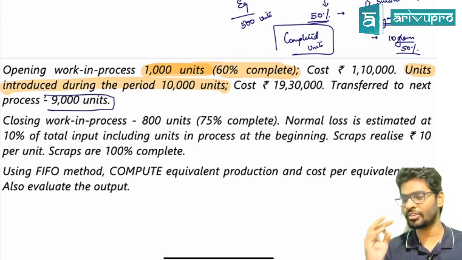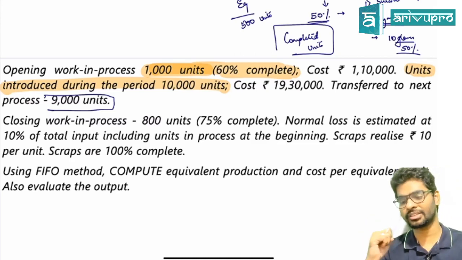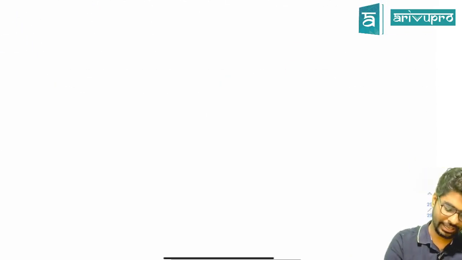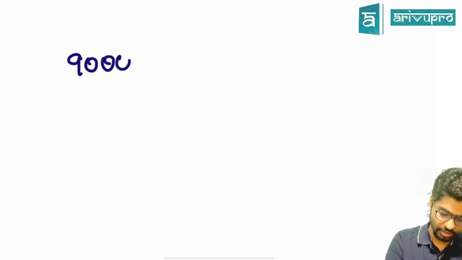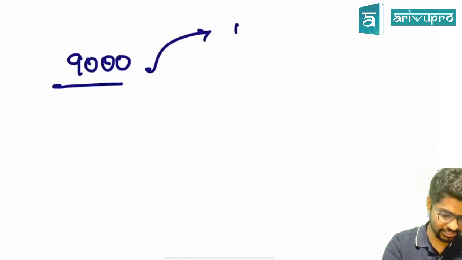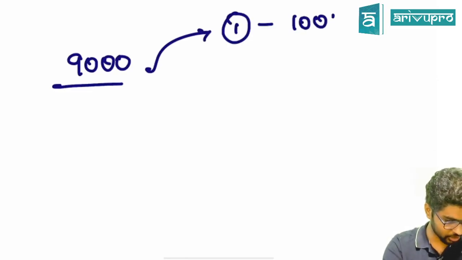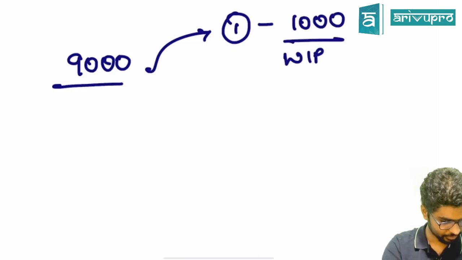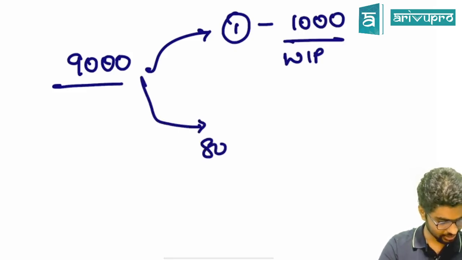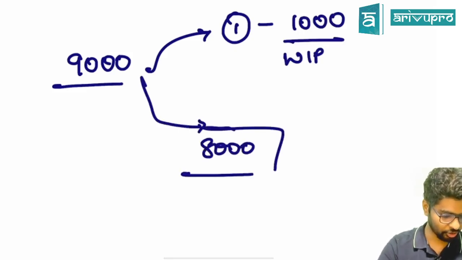Now if I know FIFO, what is FIFO method? First in, first out. So can I say this 9,000 units, basically first I would have completed the 1000 units of WIP and 8,000 units would have been out of my current year.